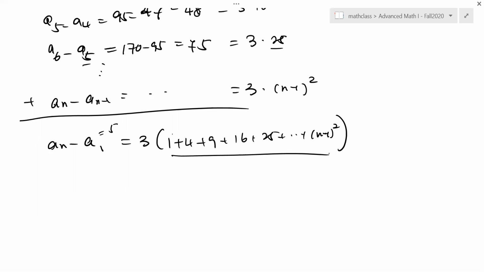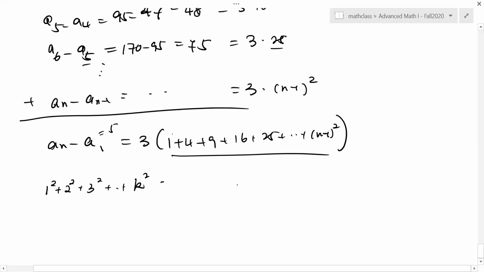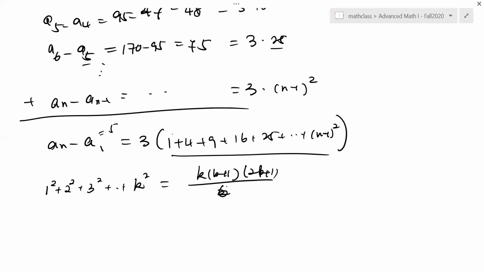The formula says that 1 squared plus 2 squared plus 3 squared all the way to k squared is going to be k times k plus 1 times 2k plus 1 divided by 6, not divided by 2. Okay, divided by 6. If you're not sure this is the correct formula, double check it.